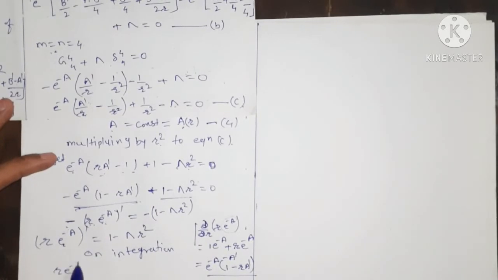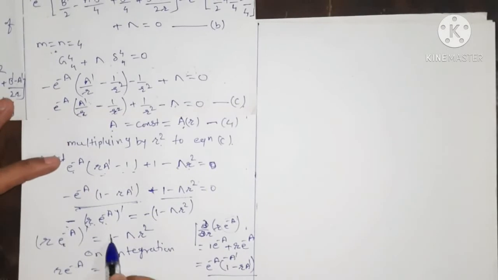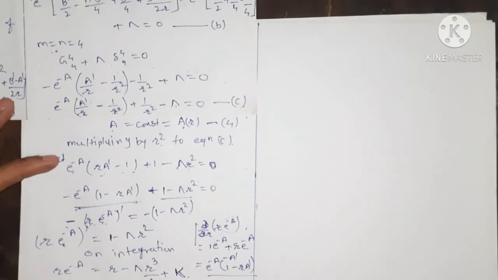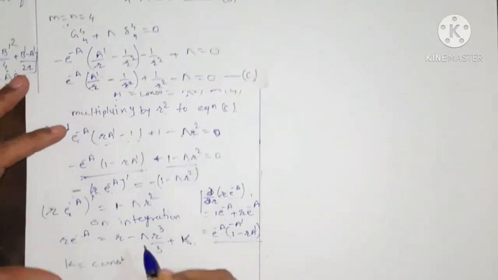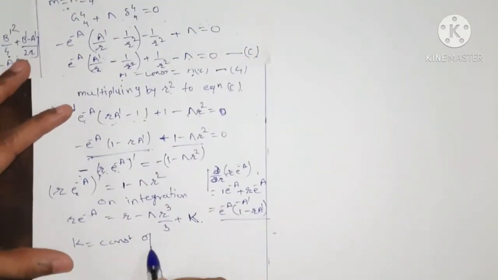so r e to the power minus a equals the integration of 1, which is r, minus the integration of r square, which is r cube upon 3, plus the constant of integration, we say it is k, where k is the constant of integration.